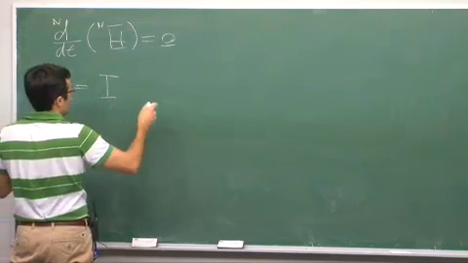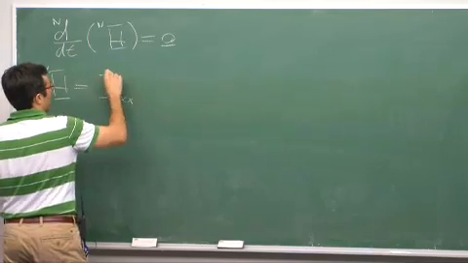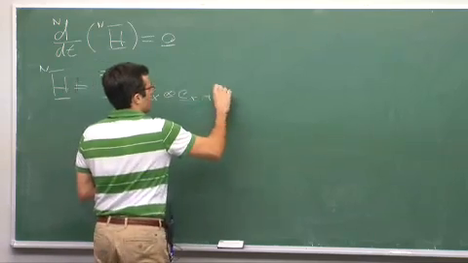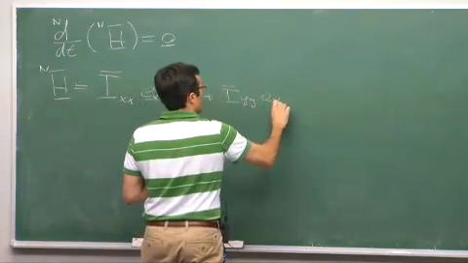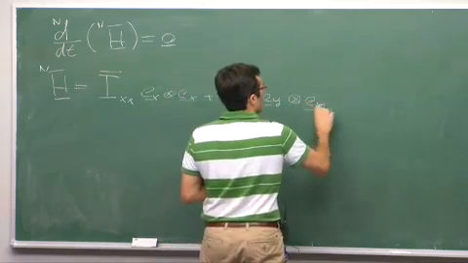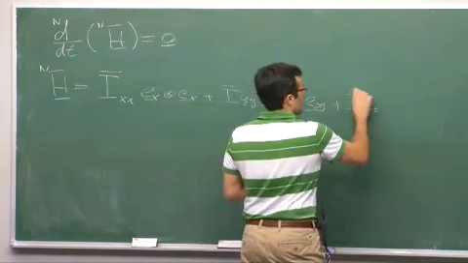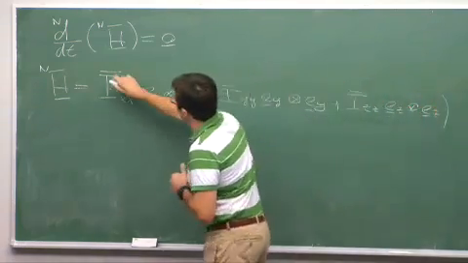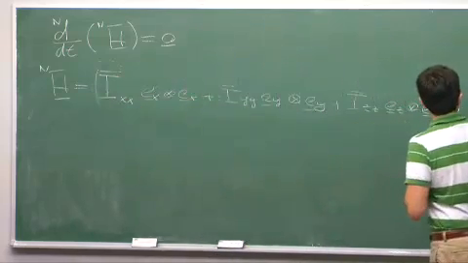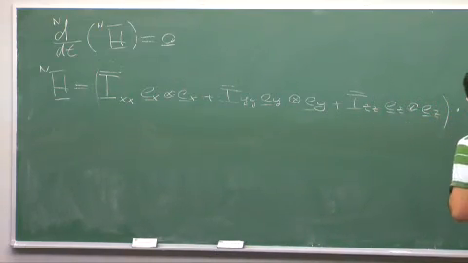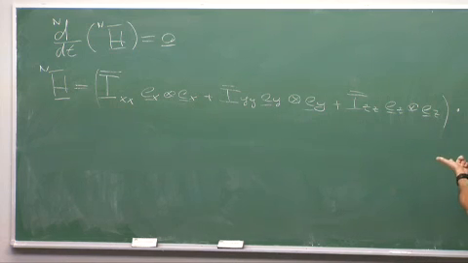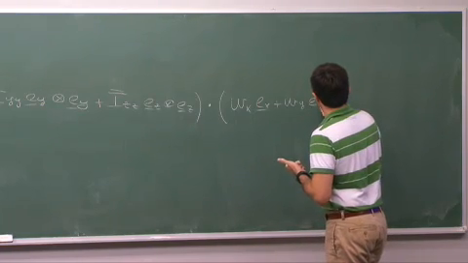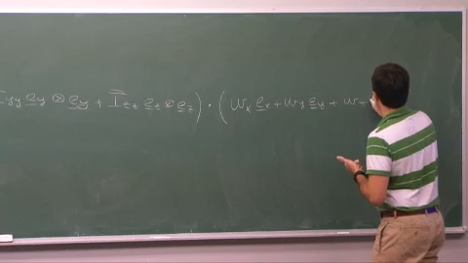H bar in n is the tensor of inertia. So if I have a principal axis coordinate system, it is Ixx bar ex circle cross ex plus Iyy bar ey circle cross ey plus Izz bar ez circle cross ez, and this is going to be applied to my angular velocity, which in the body frame is omega x ex plus omega y ey plus omega z ez.